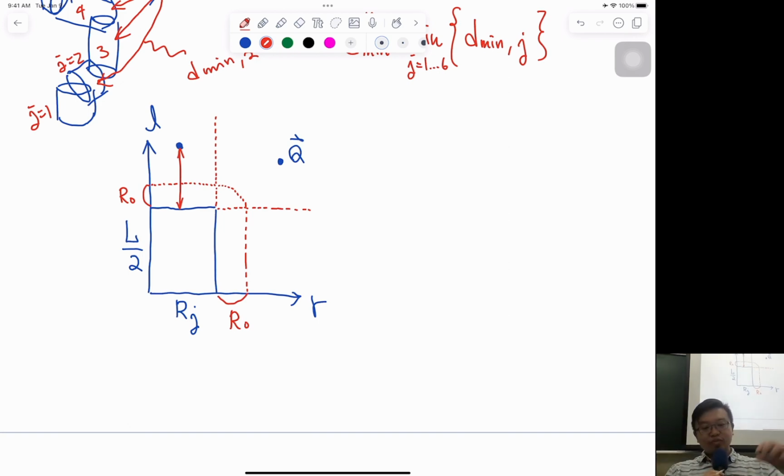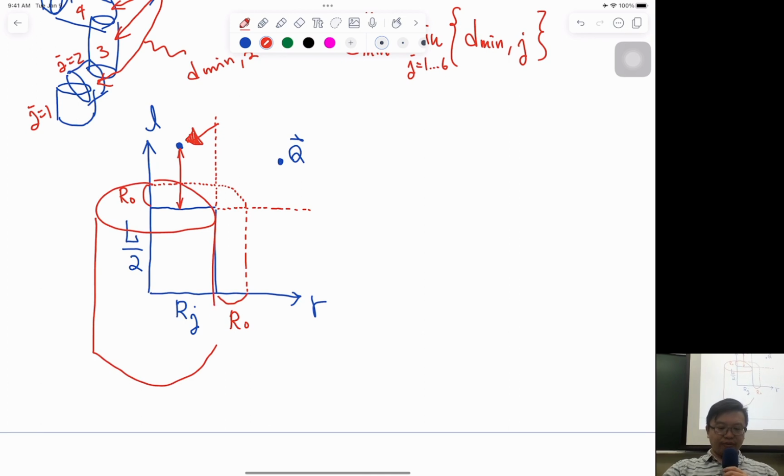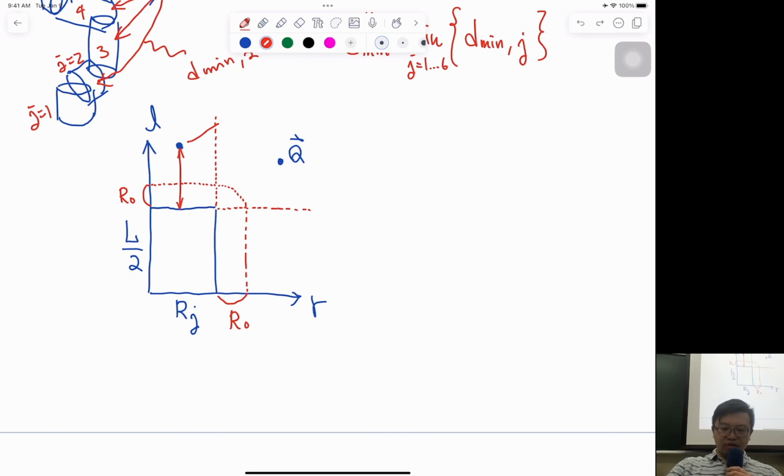For now, we just consider its center point. So the shortest distance between this particular point and this cylinder is going to be the red arrow I have drawn.